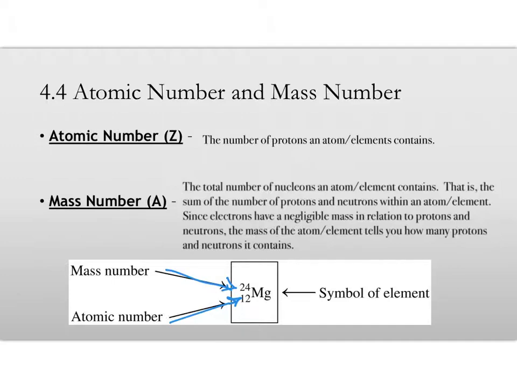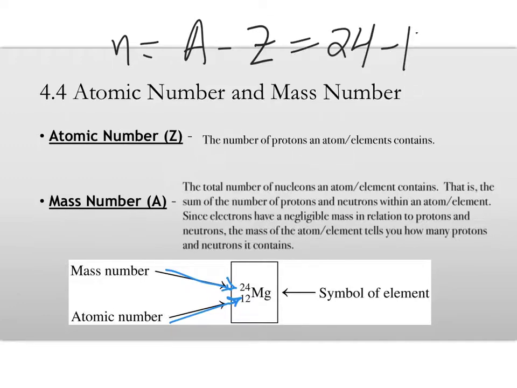So if magnesium has 12 protons, given to us by the atomic number, and a mass number of 24, then the number of neutrons in that atom will be equal to A, the mass number, minus Z. So in this case, we have 24 nucleons minus 12 protons, and that's going to be equal to 12 neutrons.